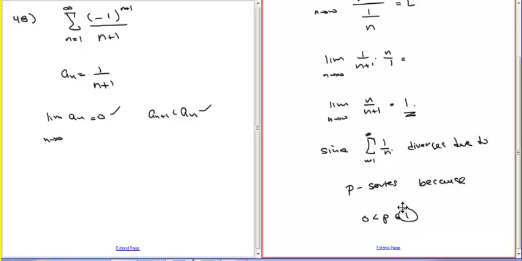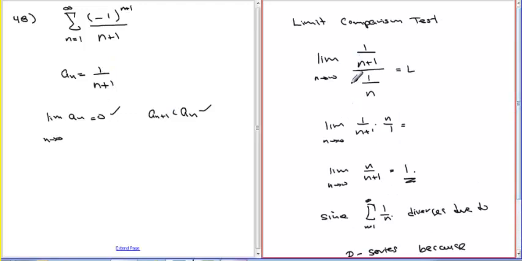And so because of this p-series requirement, it diverges. So it's kind of a convoluted thing here. This alternating series converges because of these two things. But the series that's not alternating, meaning it doesn't have the -1 thing here, just 1 over n plus 1, diverges using the limit comparison test.